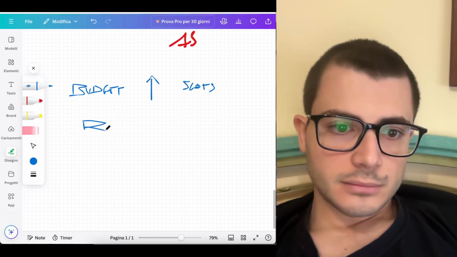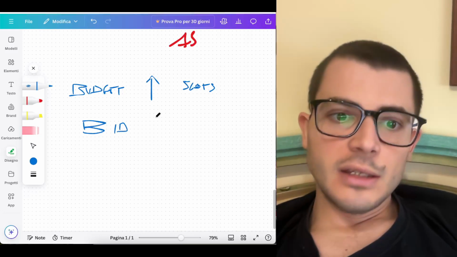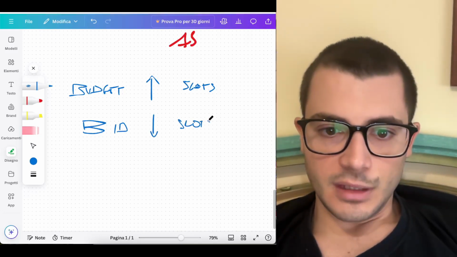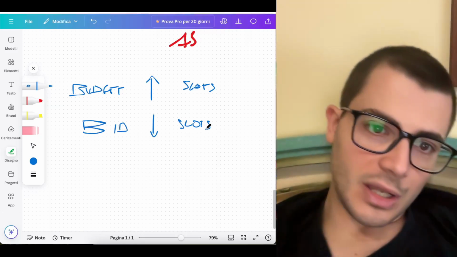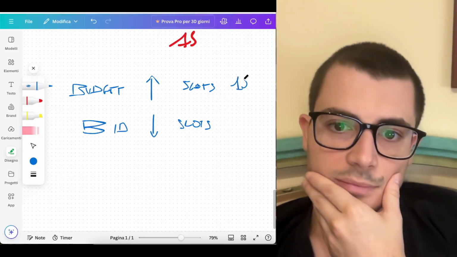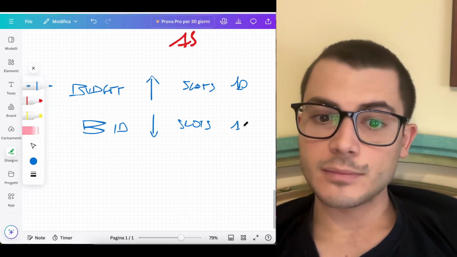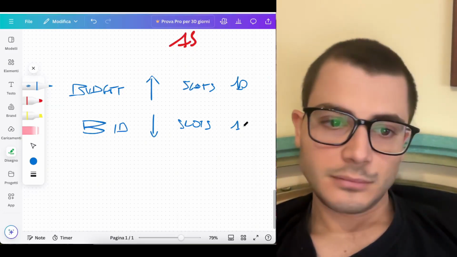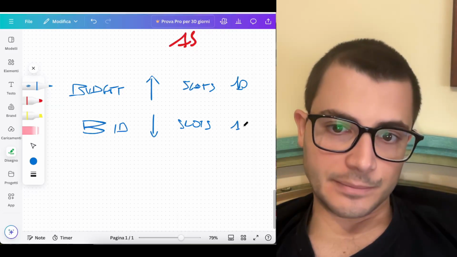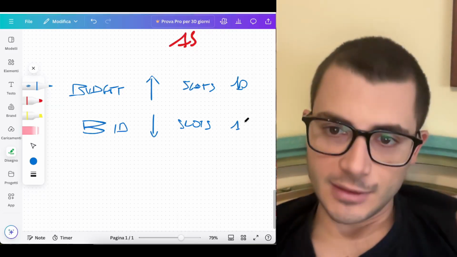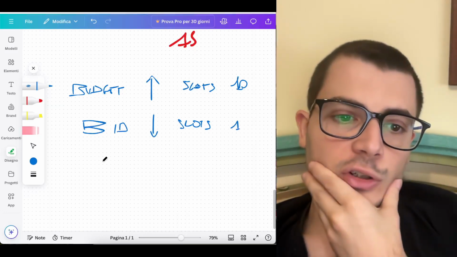Your bid generally lowers the slots because if you have a budget of $10 but a click costs you $1, you have 10 slots. If you have a budget of 100, it's 100 slots, right?